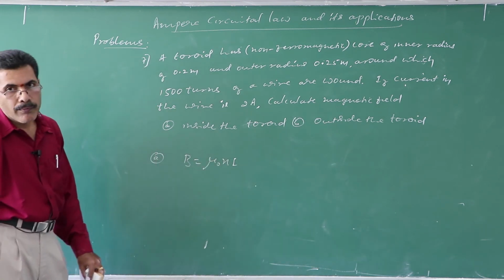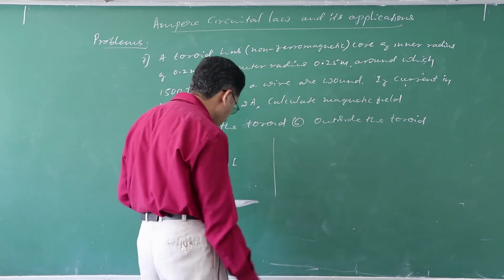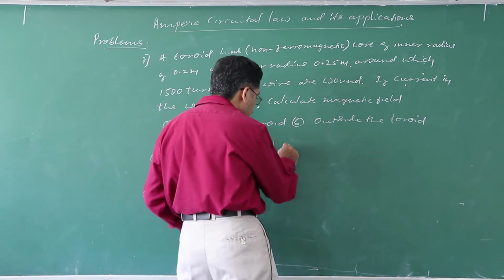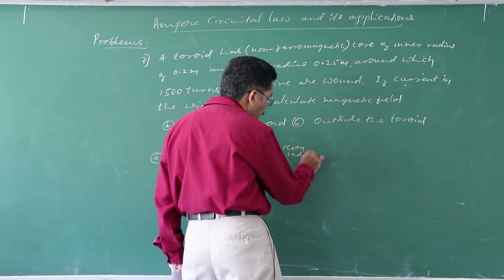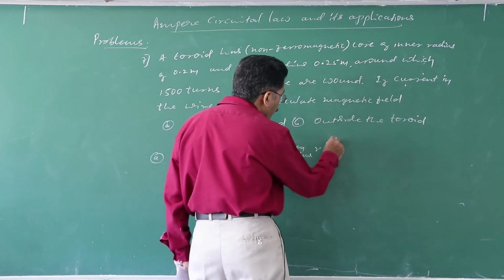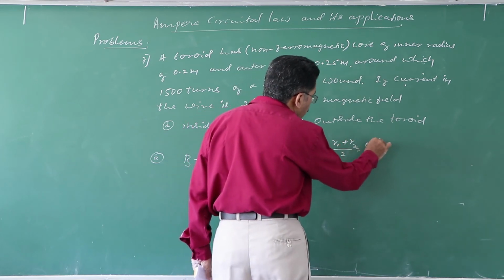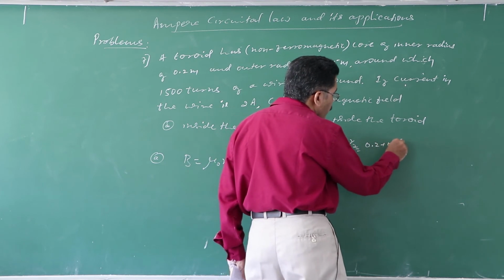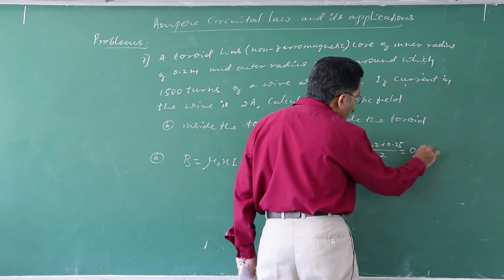See, we have to find out what is n. This is given by the mean radius. Mean radius r is equal to r1 plus r2 divided by 2, 0.2 plus 0.25 divided by 2. This is 0.225 meter.